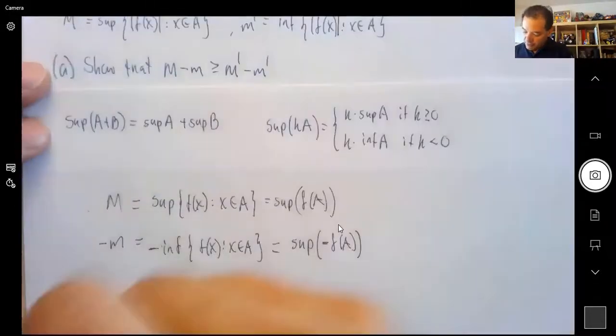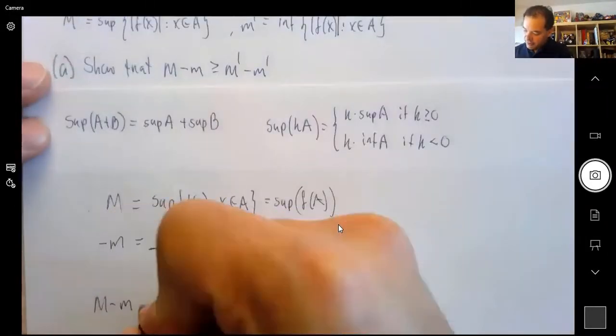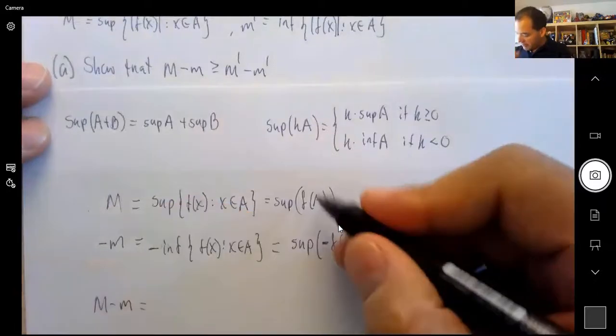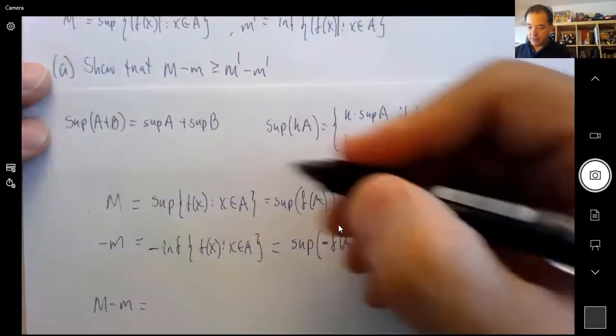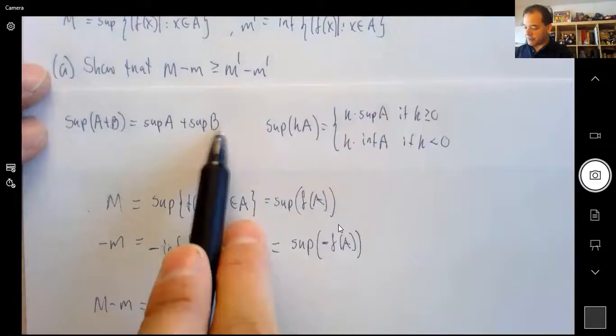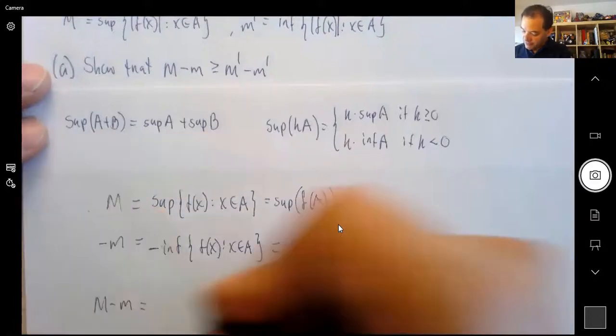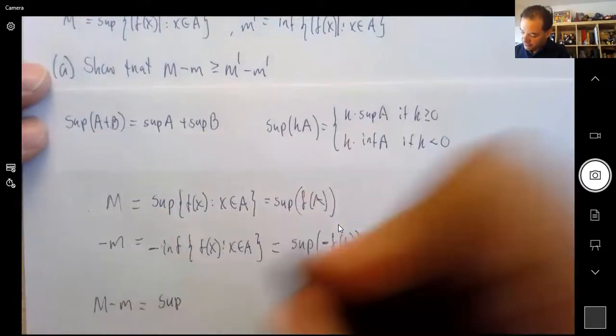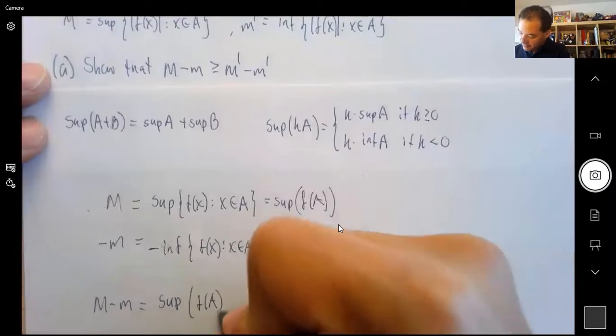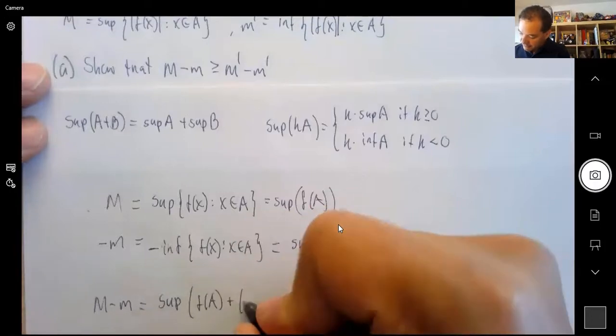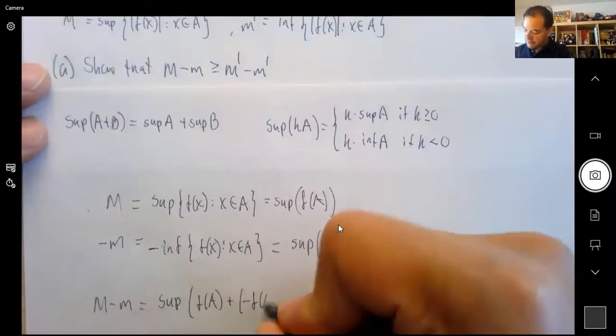So then M minus m is the supremum of these two, which I can combine by this property: the supremum of the sum. So this is the supremum of f of a plus negative f of a. Now remember, these are sets.